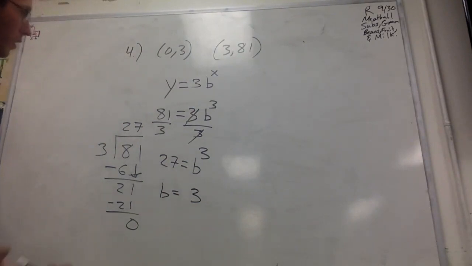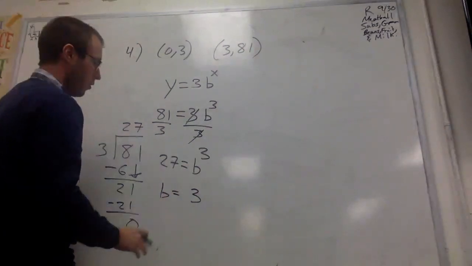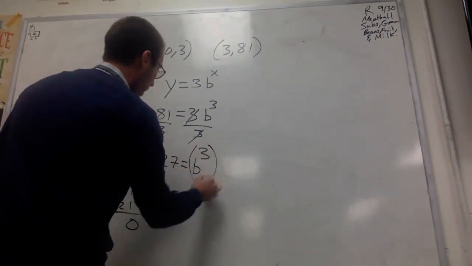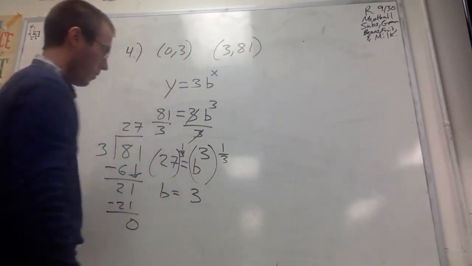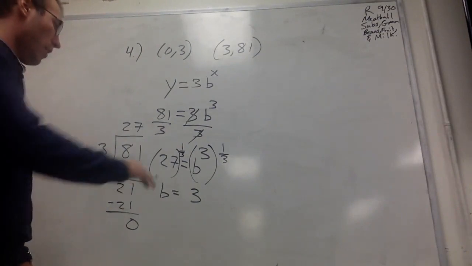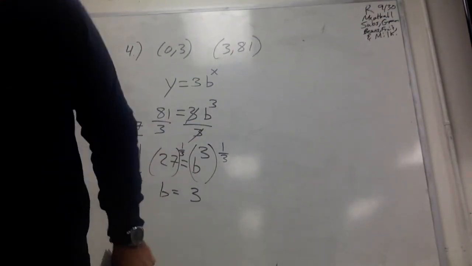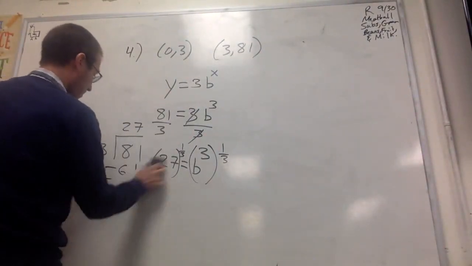If you want to do it a little fancy way, if you have a really big power, you could just take 1/3 power on both sides. You could do that as well. Or in radical notation, you could raise it to the third, like that too as well. But that's how you do that one.